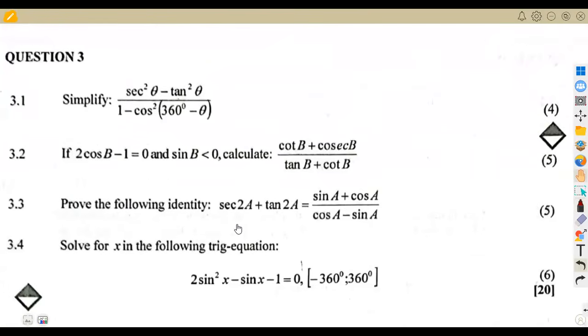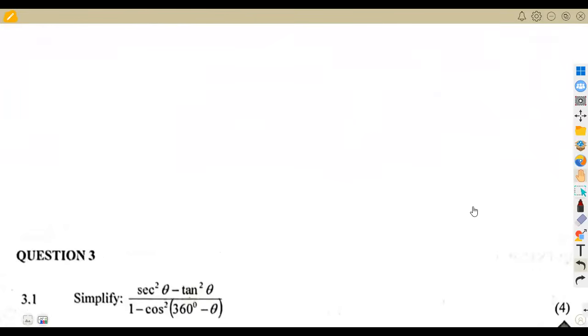Okay, so let us check the trigonometric expression that we are given.